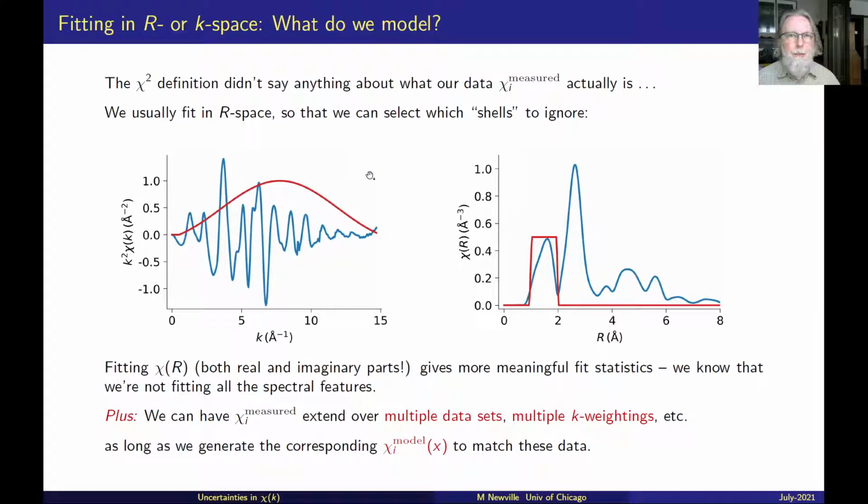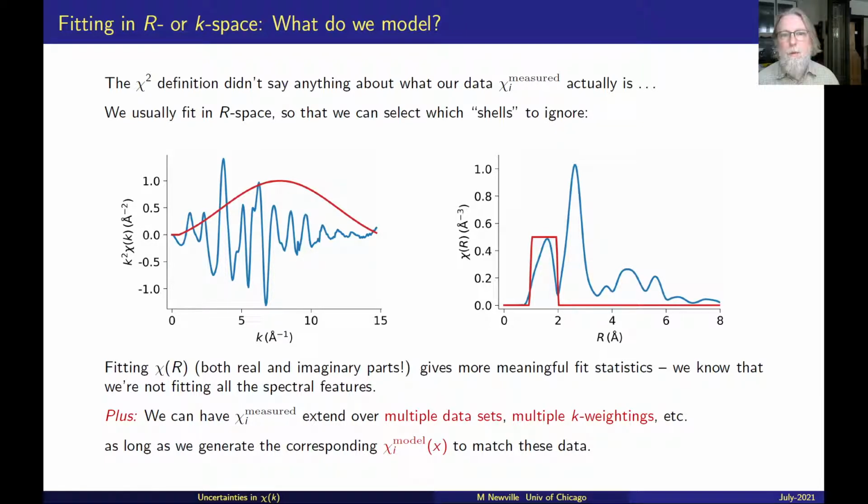So for our data, we can also consider that chi measured is not just a single spectrum or even chi of R that was created with a single k weighting. We could k weight in different ways. We could window function in different ways. We could include multiple data sets and refine multiple, say, data taken at different temperatures, where we know that most of the parameters should be the same or will have a simple temperature dependence, including, say, sigma squared.